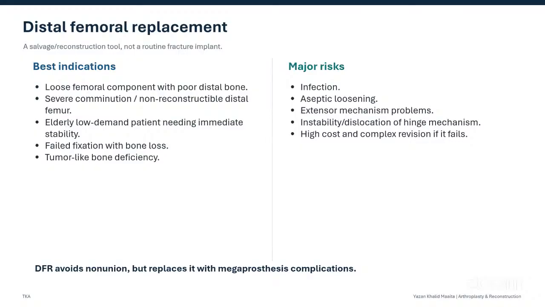The major risks are infection, aseptic loosening, extensor mechanism problems, instability, dislocation from the hinge mechanism, and high cost with a complex revision if it fails. Try to avoid distal femur replacement for a nonunion, as replacing it with a megaprosthesis is a complication.